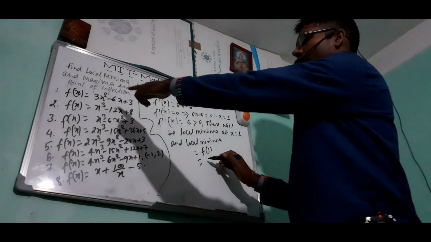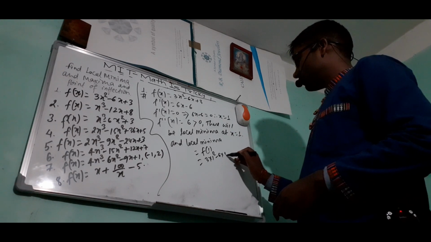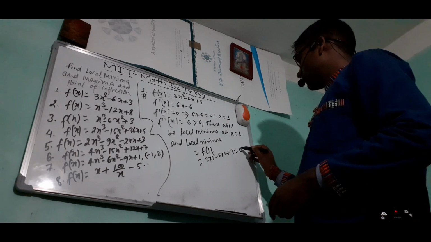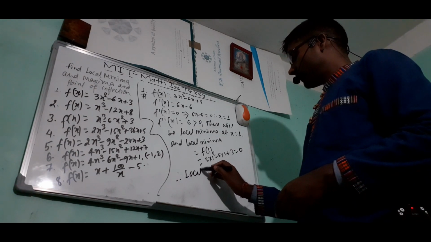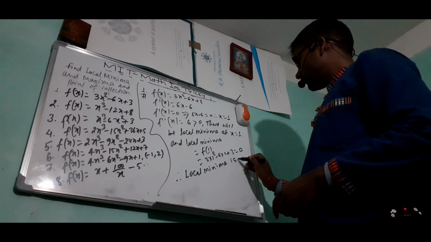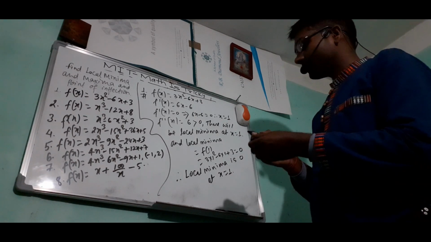The value of the local minima will be simply f of 1. Let's put 1 there: 3 into 1 square minus 6 into 1 plus 3. So 3 minus 6 plus 3 will be 0. Therefore the local minima is 0 at x equals 1.